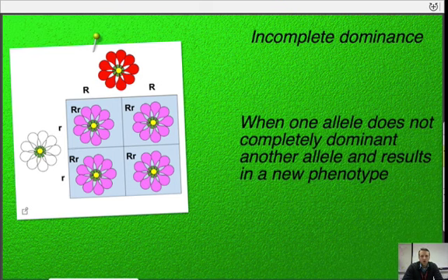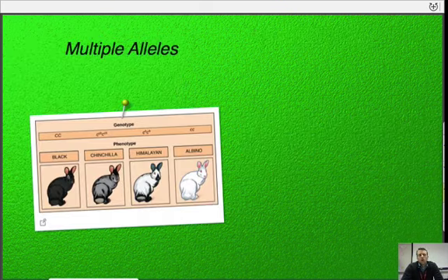Now moving on to multiple alleles. So looking at this picture here, notice we have a couple different genotypes, like big C is black, big C with a c-h, or sorry, little c, both having a h on top is a chinchilla. And notice they're all working with the letter C, but there's some similarities or some differences to it, and that's because of multiple alleles.